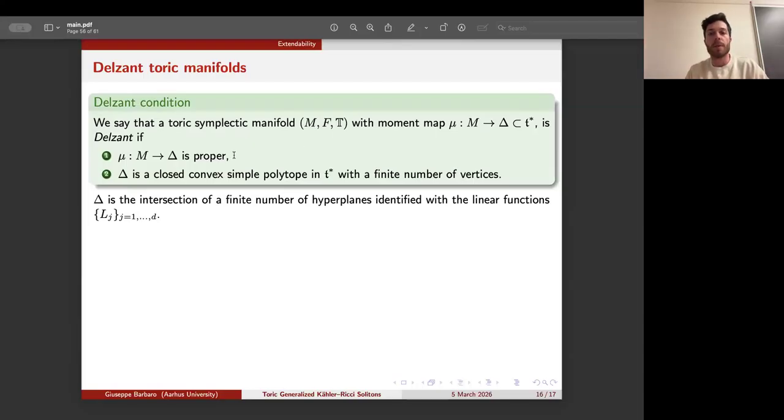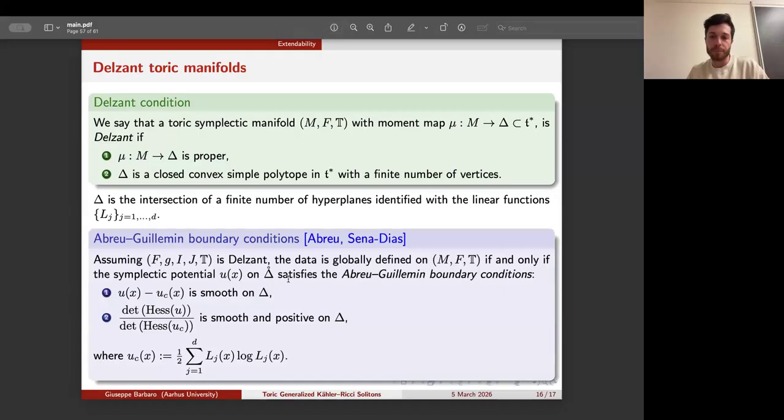The compact case would be when the polytope is bounded. Here, the manifold is not compact, and this polytope will be unbounded. But the point is that all the Delzant arguments are local in nature, so they can be extended to this case by substituting the compact property with the properness of the moment map.